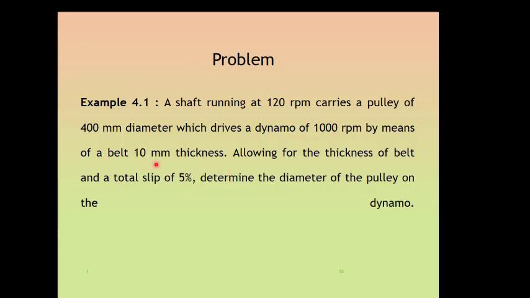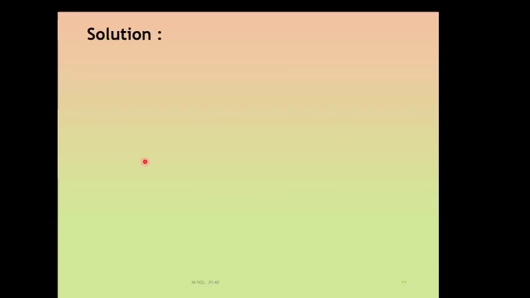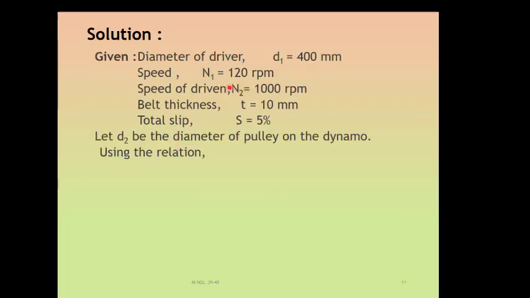Now, N1 is equal to 120 rpm. D1 is equal to 400 mm. Similarly, N2 is 1000 rpm, along with the belt thickness. This is the formula we use for this, with D1, N1, N2, T1 and S1 slip.